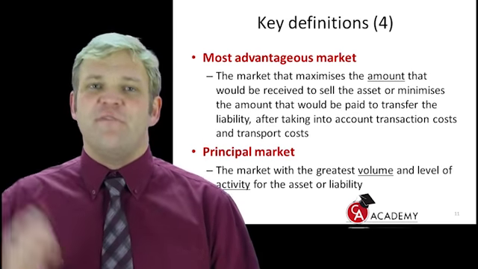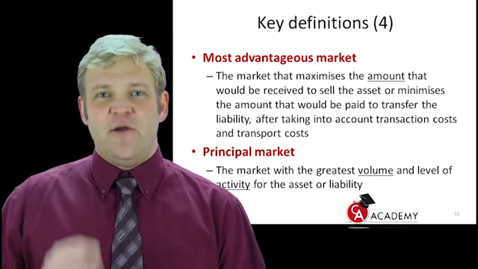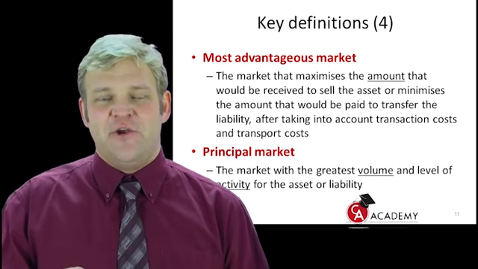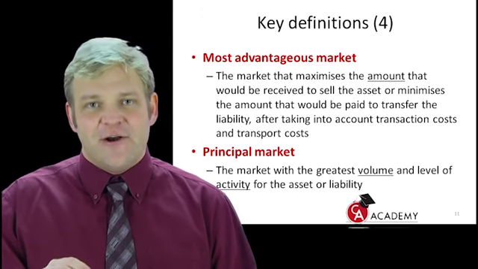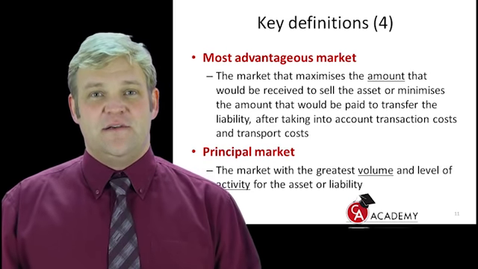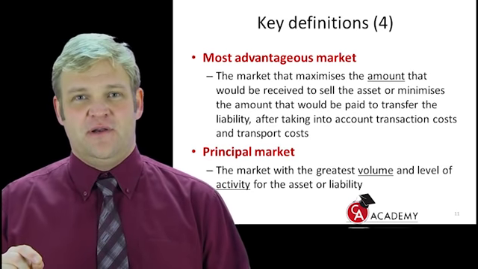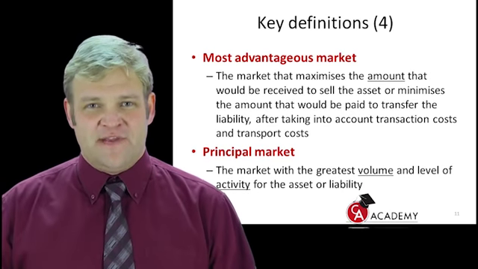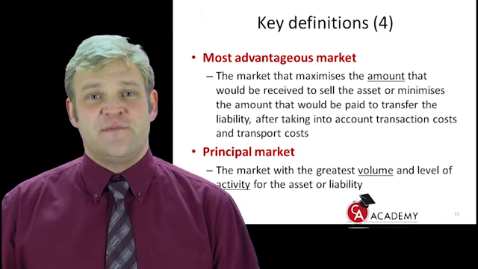The most advantageous market or the principal market? Now, IFRS 13 says that fair value should be determined with reference primarily to the principal market. Whereas, if that is not possible, if there is no such market, we look at the most advantageous market. Now, that's why it's important for us to understand the difference between the two.